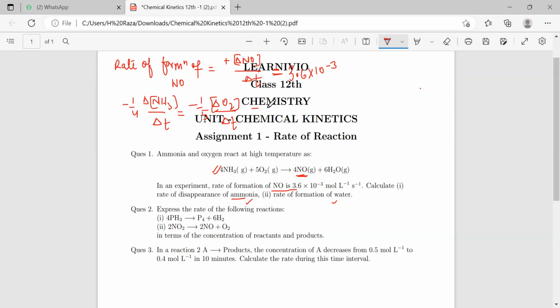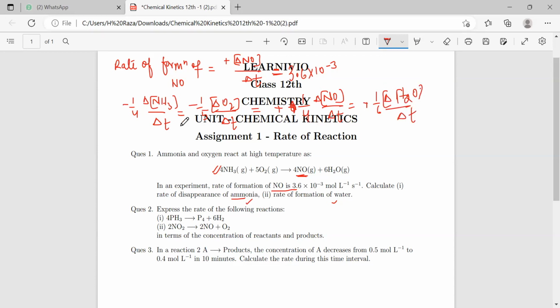And then plus 1 by 4 delta NO upon delta T, and here it will be written as plus 1 by 6 delta H2O upon delta T.